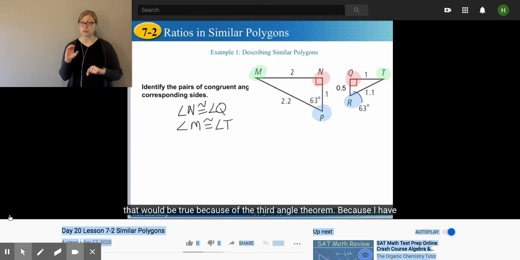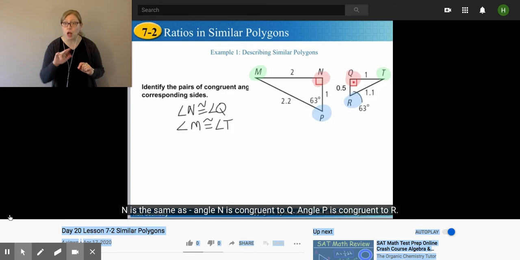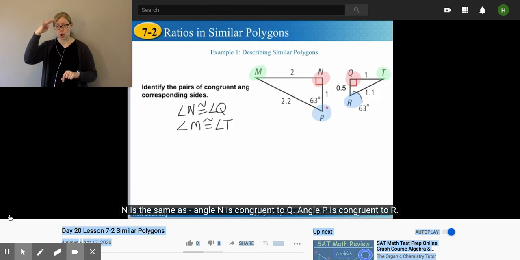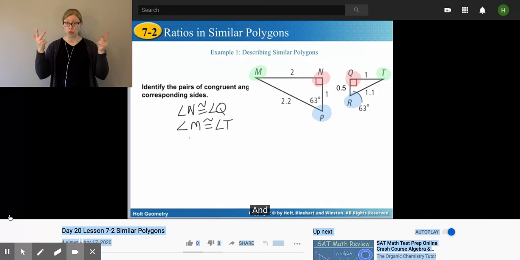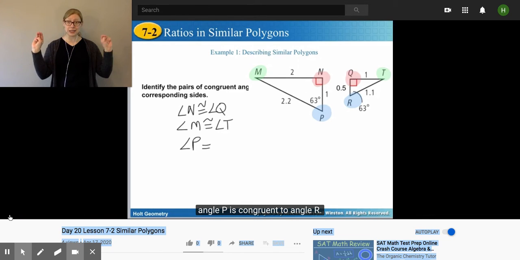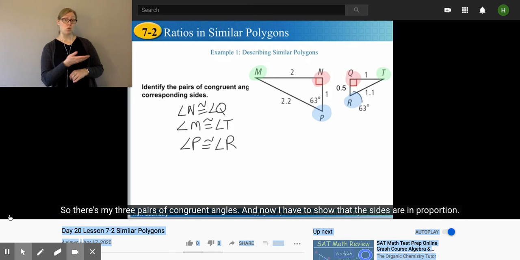That would be true because of the third angle theorem, because angle N is congruent to Q, angle P is congruent to R, so this third angle has to be the same in the triangle. So angle M is congruent to angle T, and angle P is congruent to angle R. So there's my 3 pairs of congruent angles, and now I have to show that the sides are in proportion.